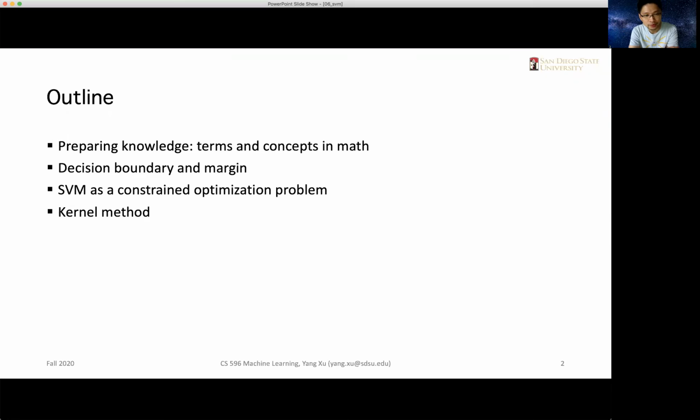So today I'm going to have a review of the knowledge that will be needed in order to understand what an SVM model does. So we'll review some terms and concepts in mathematics, primarily the concept of optimization problems, especially optimization under a constraint.